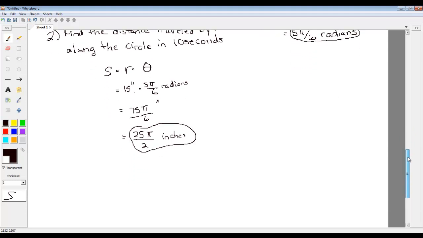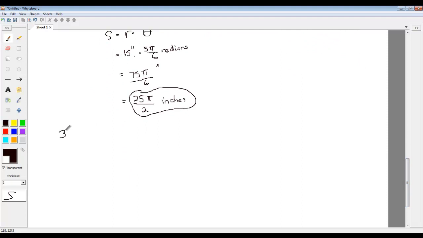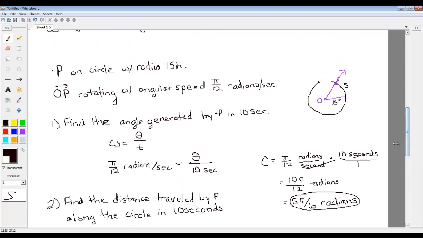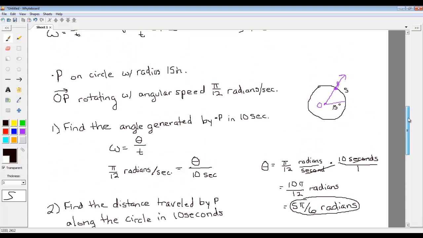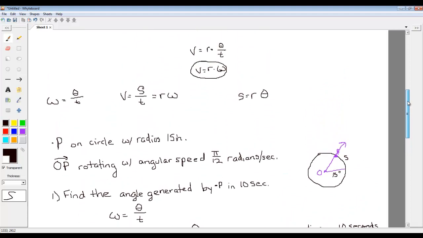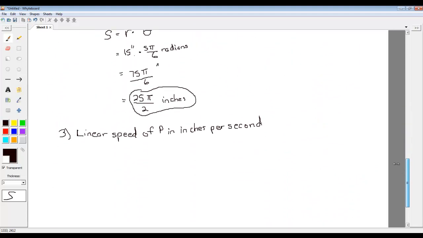Okay, then let's see here. How about next we find the linear speed of P in inches per second. All right, we've got some linear speed info. We know linear speed, V equals S over T, or R times omega.